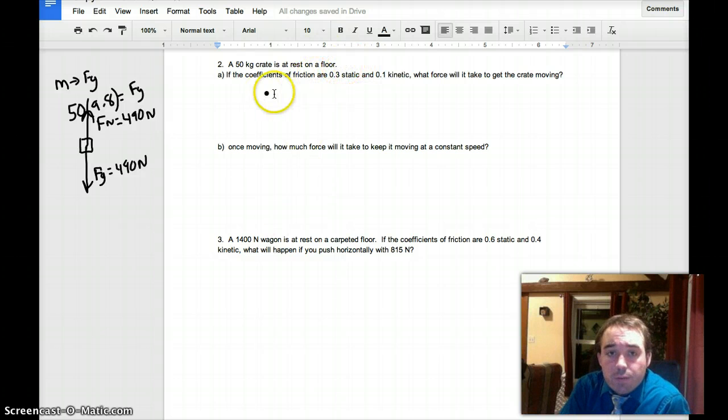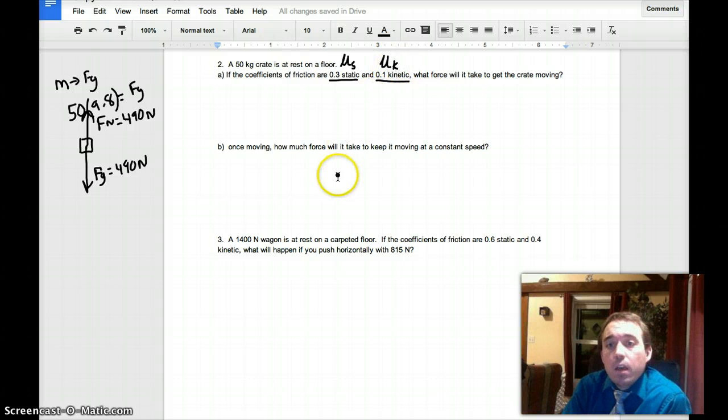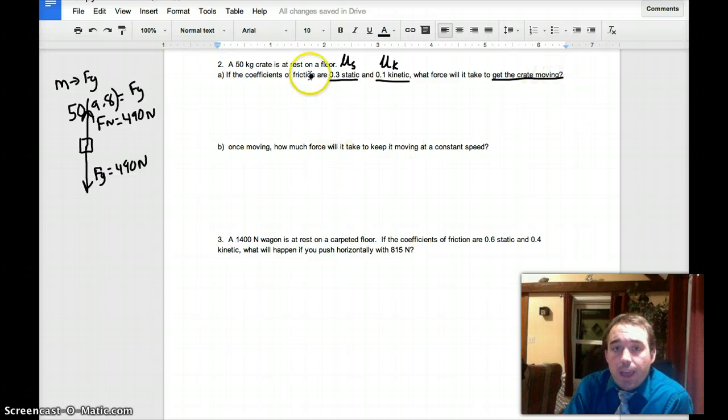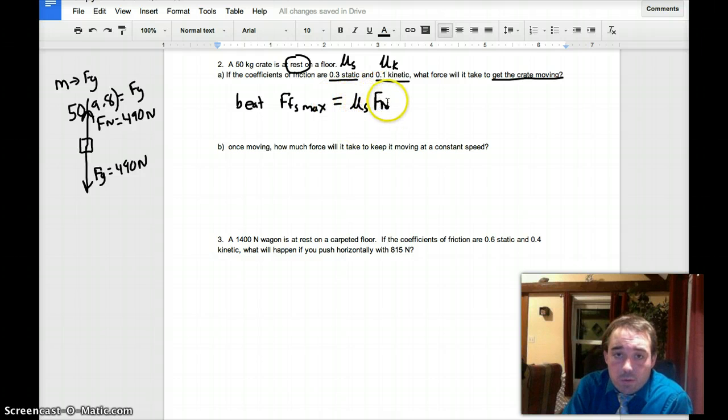Coefficients of friction, 0.3 static, 0.1 kinetic, so that's my mu s and my mu k, respectively. What force will it take to get the crate moving? To get the crate moving, that means that it's currently at rest. We also said right up here it's at rest. So to get the crate moving, I have to push a little harder than FFS maximum. So what is my FFS maximum? It's mu s times the normal force.